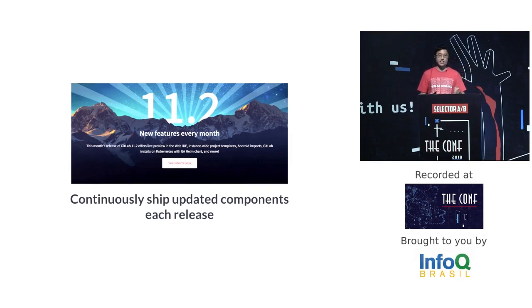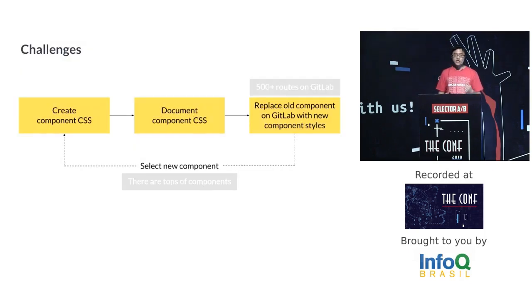That adds different challenges to this method. One is that there are a lot of components in GitLab because GitLab is pretty big. We also have over 500 routes on GitLab. So if you think about replacing each component on each page, this adds up a lot. These are the challenges we have to face with trying to replace all this CSS.